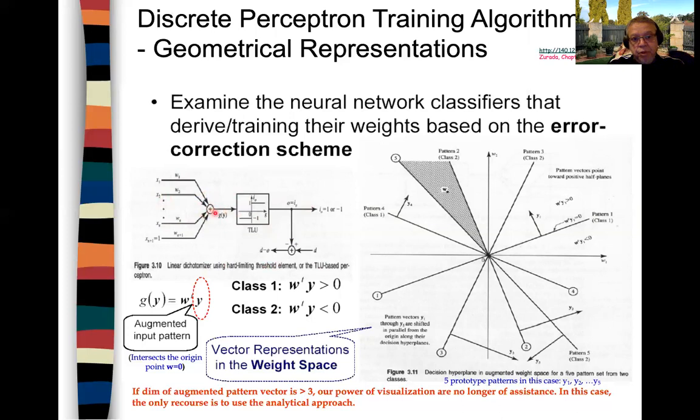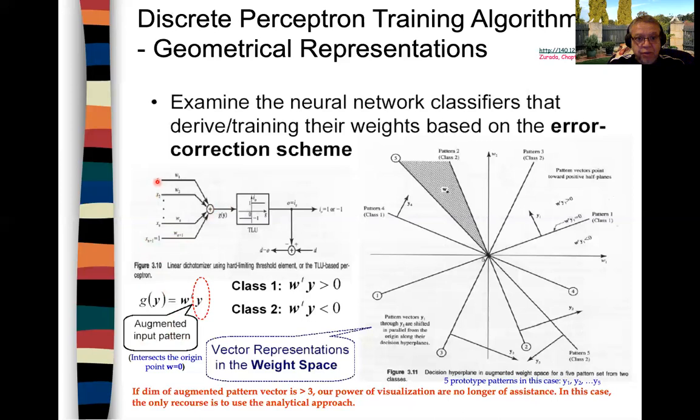And then before, we saw that we compare this activation to a threshold. Now we move this threshold here and call it w(n+1), where we add an input x(n+1). In this case, we have what is called an augmented input pattern.